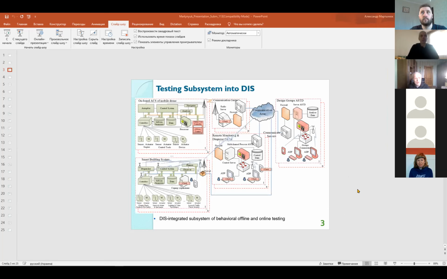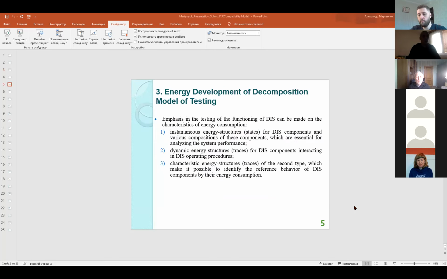In this picture, we see an example of testing a subsystem in this distributed information system. The red components are the test components. Emphasis in this testing of the functioning can be made on the characteristics of energy consumption.